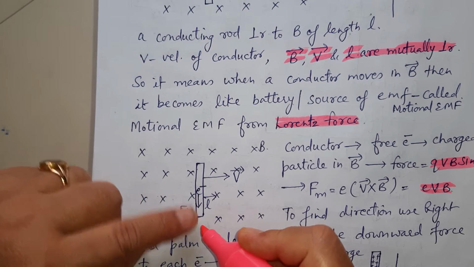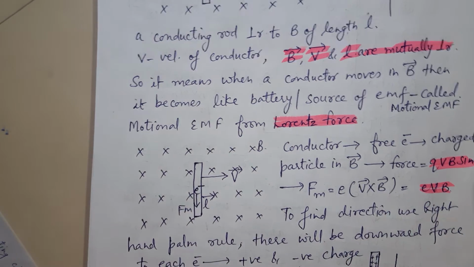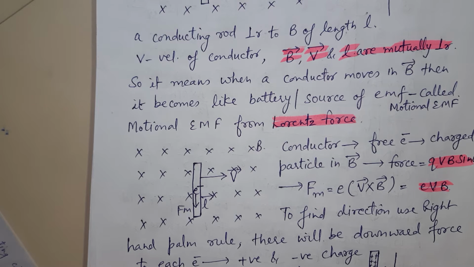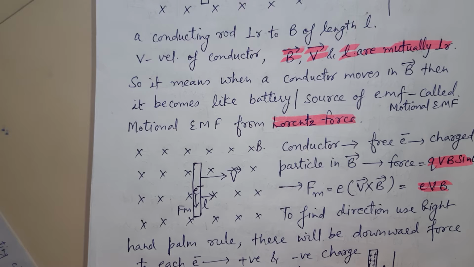Negative charge will accumulate here because all electrons suffer a downward force, and in the conductor a situation like this appears: all electrons here and all positive charge there.